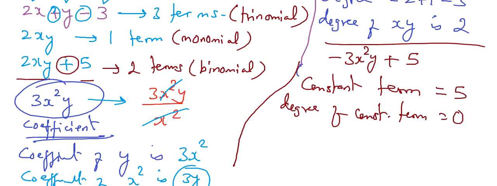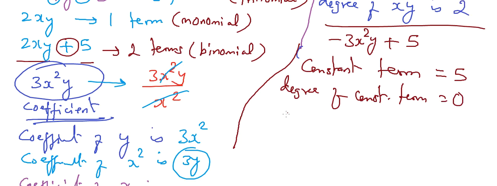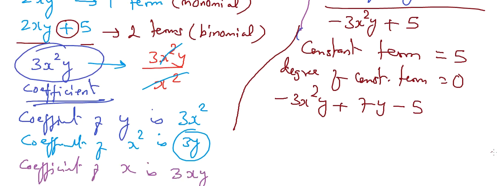Okay, so now suppose we take three terms, 3x square y plus 7y minus 5. So here the constant term is minus 5.